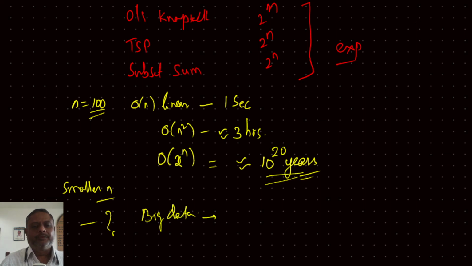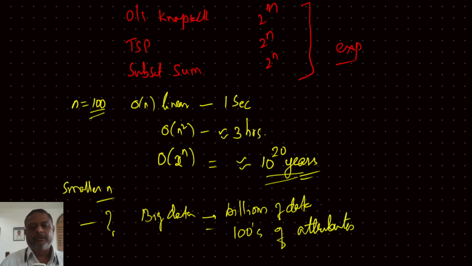When you're talking of big data, there are billions of data available, and each data will have hundreds of attributes.